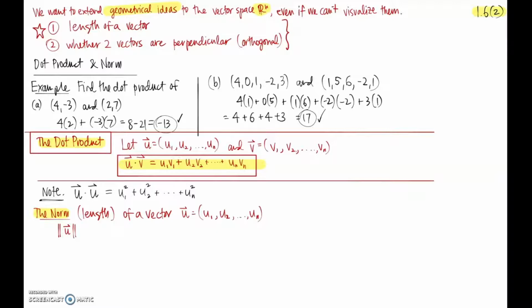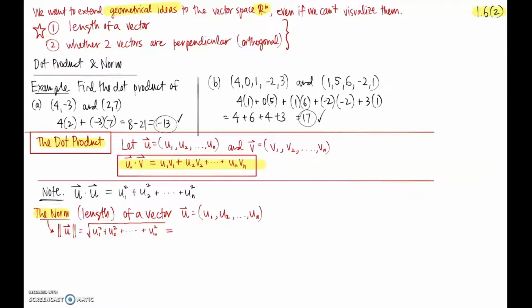So the norm of the vector u is going to equal the square root of u1 squared plus u2 squared. This is all consistent with R2 and R3, what happens there with the Pythagorean theorem, plus un squared.